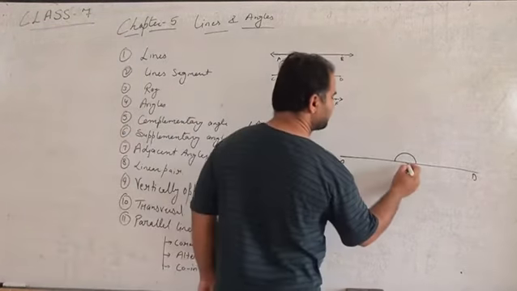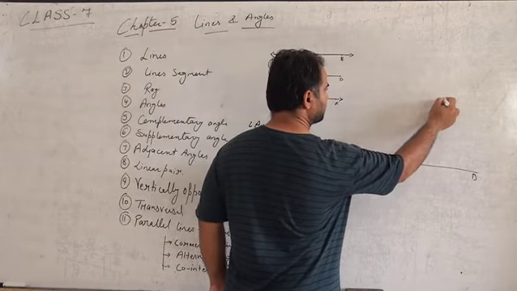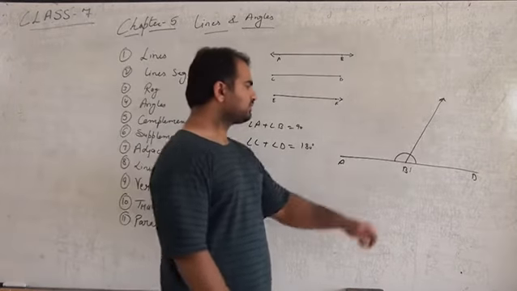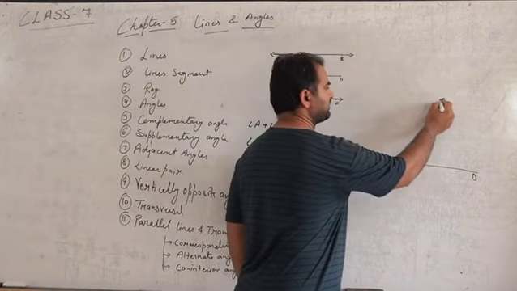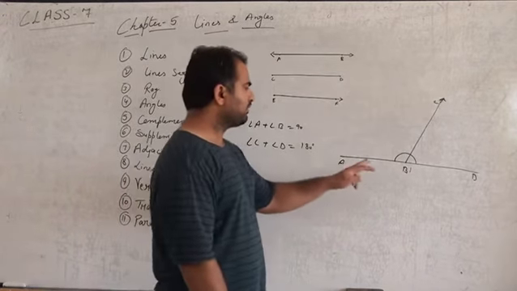What if I draw a line or a ray there, which starts from B and goes towards point C? Then what is the total?